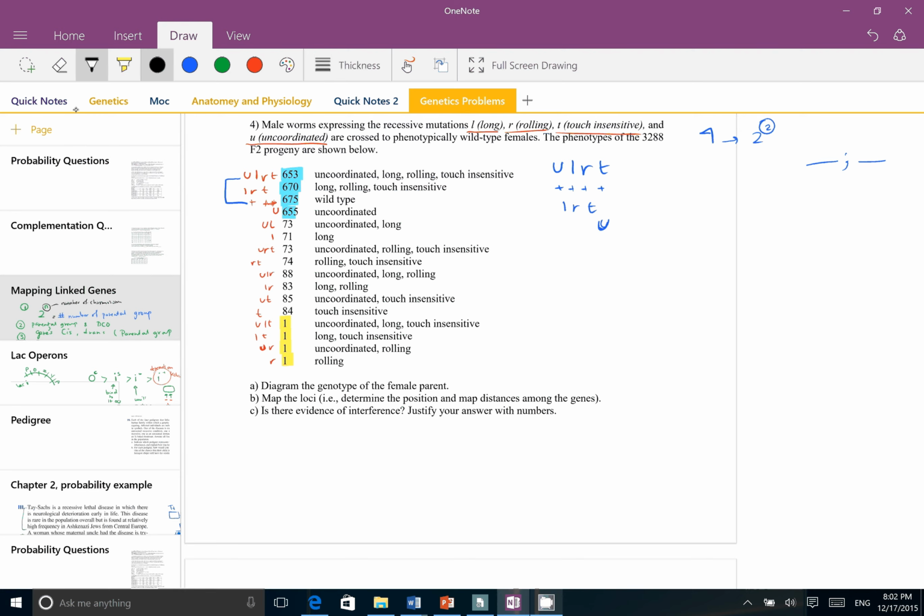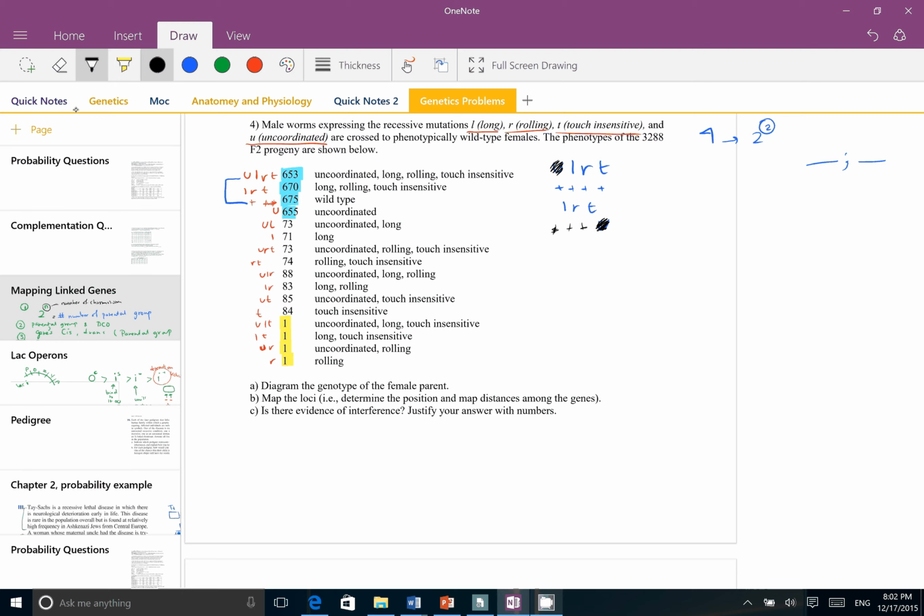What if I delete L? I still have 4 parental groups. But look at this. If I delete U, so if U is not here, that means the other wild type traits are the ones showing up. Okay, so what do I see?